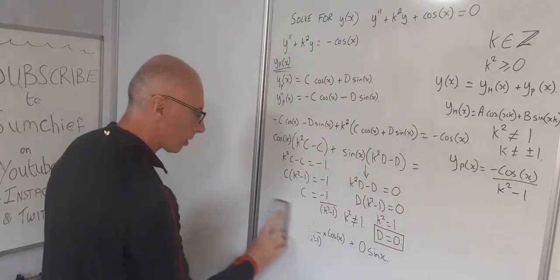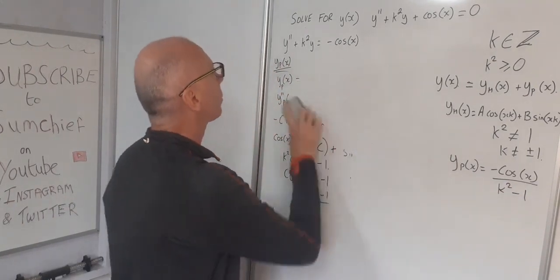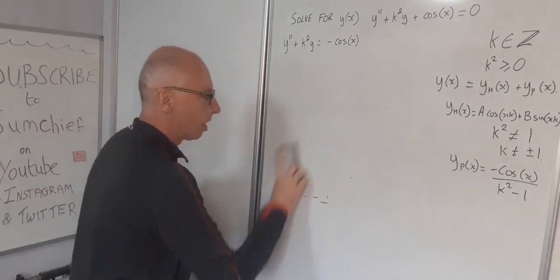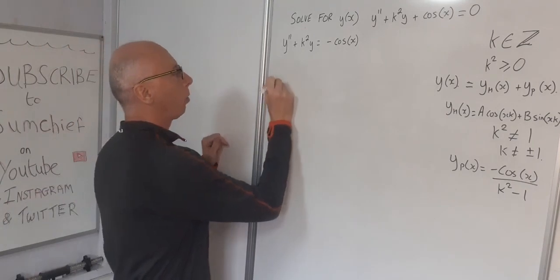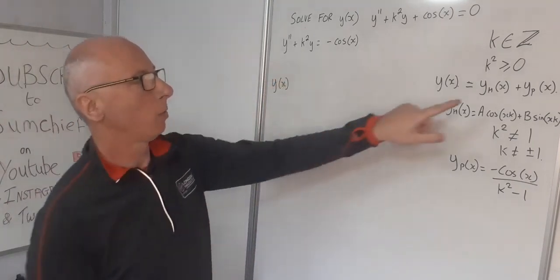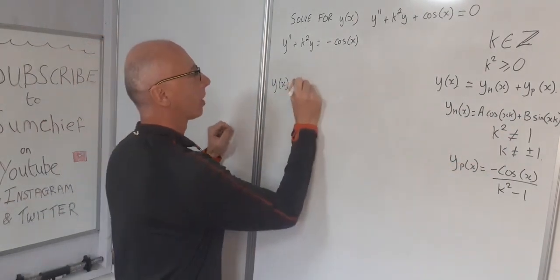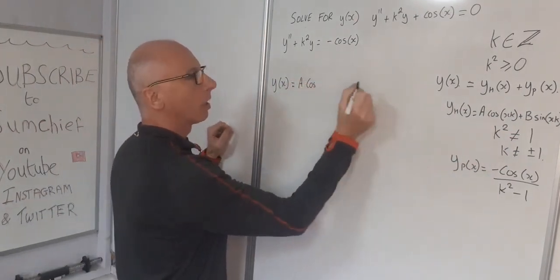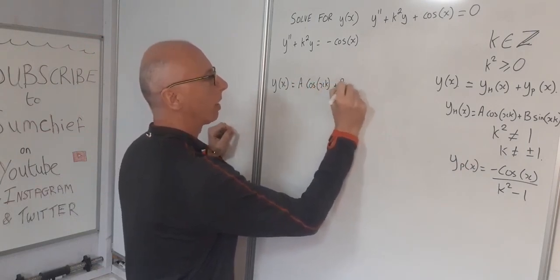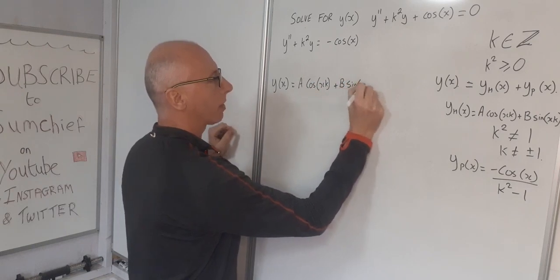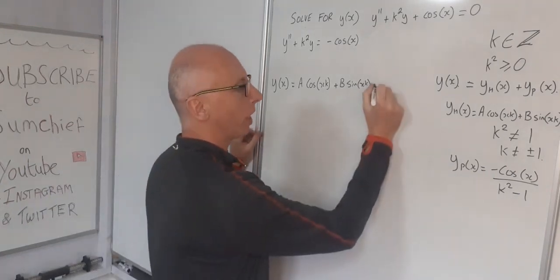Okay, let's take this off the board, and now we can write down our solution for our second order linear differential equation. We'll say that y of x, working on this, our homogeneous is a cosine kx plus b sine kx, minus cosine of x over k squared minus 1.